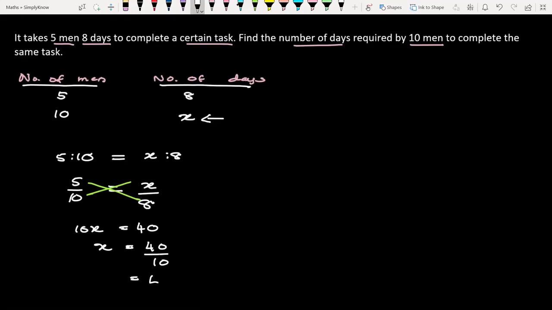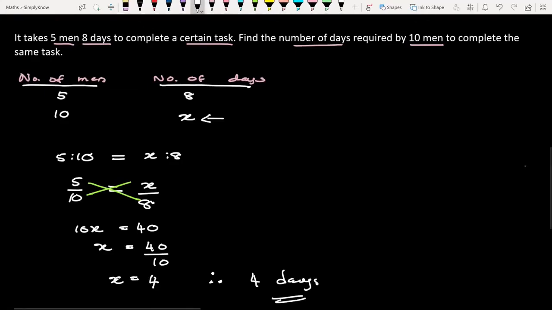We get 4. So what is x? x is the number of days required by 10 men to complete this task. Therefore, 10 men needs exactly 4 days to complete this task.